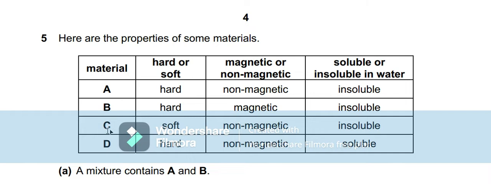Material C is soft, non-magnetic and insoluble. Then material D is hard, and non-magnetic as well. They are both non-magnetic, but I can say that material D here is soluble. It means that material D dissolves in water.